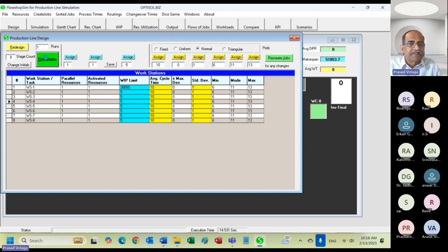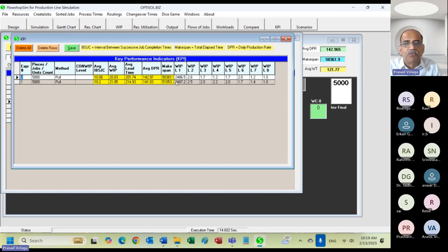So let us see the advantage of reducing the variation from sigma 2 to sigma 1. Here, it is not much. So basically, with WIP limit 5 at every workstation, if I improve the standard deviation from 2 to 1, I really didn't gain much. I did not gain much by cutting down the variation when the WIP limit is high.